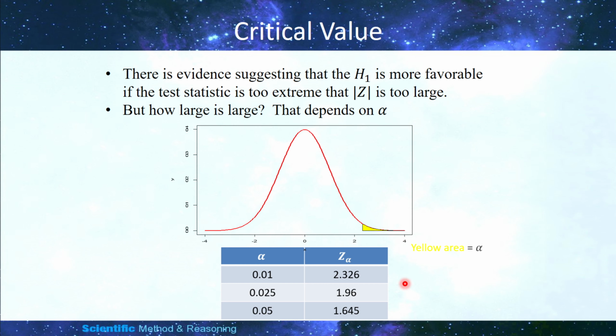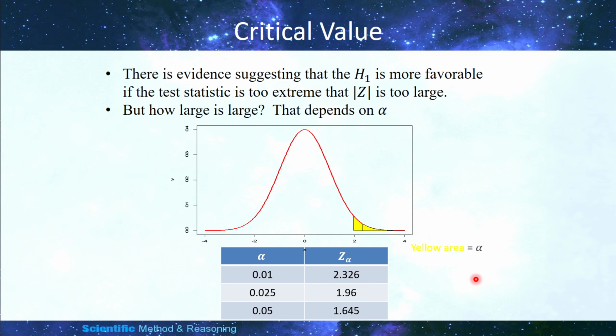Remember that this part will also be provided in the examination, because you have to make a choice between alpha equals 0.01, 0.025, or 0.05 in the examination. So the yellow area represents alpha. If alpha equals 0.01, the associated quantile is 2.326.